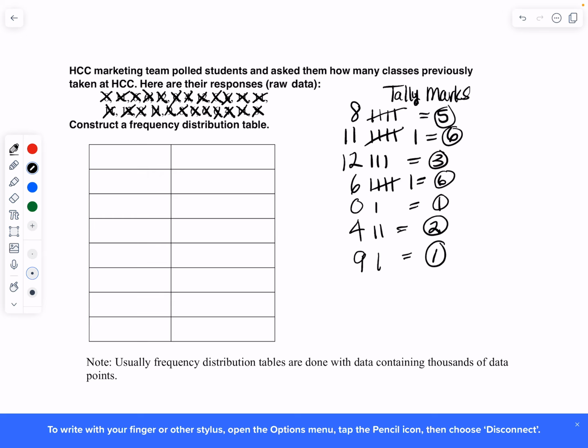Okay, so when we do this, I'm going to put down how many classes. And by the way, this is the data points, or my raw data. And then the frequency I'm going to put over here. Okay, so I'm going to put these in order. I'm going to put 0 first.